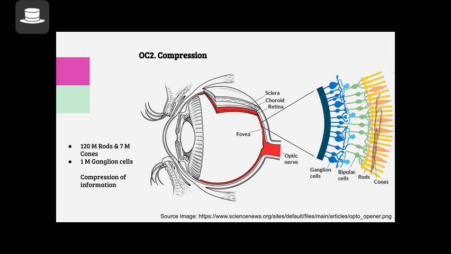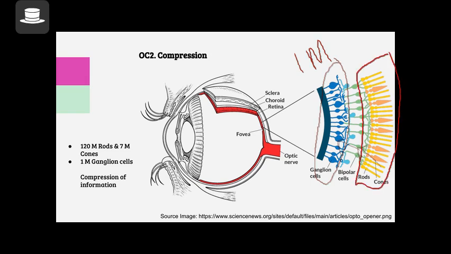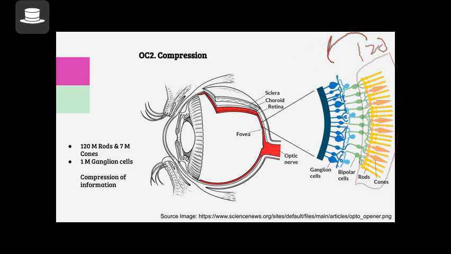But then once the information is sent to the ganglionic cell layer, the ganglionic cell layer has a lesser resolution in the sense that there are only 1 million cells. So what should happen here is that 127 million pixels of information should be converted into 1 million pixels of information. In other words, information must be compressed somehow. And in fact, it is compressed.